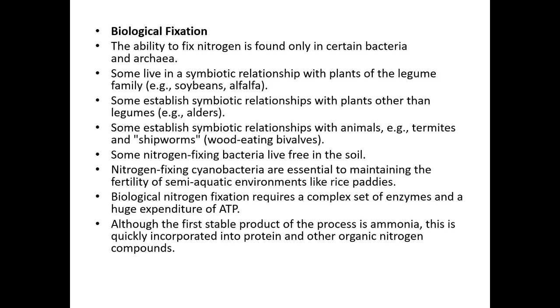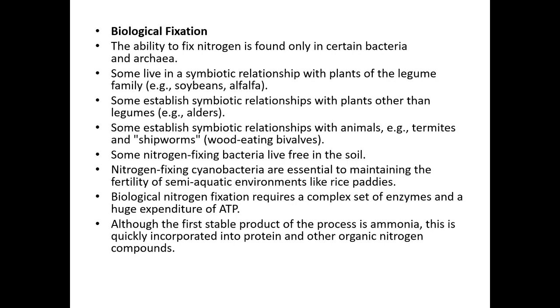This biological fixation is very essential to fix nitrogen and maintain the fertility of the soil, and it requires a complex set of enzymes and a large expenditure of ATP.